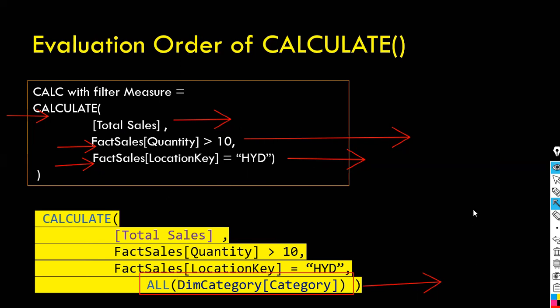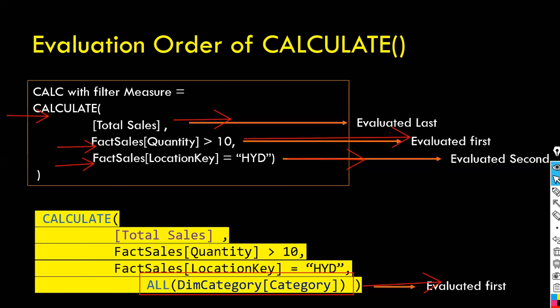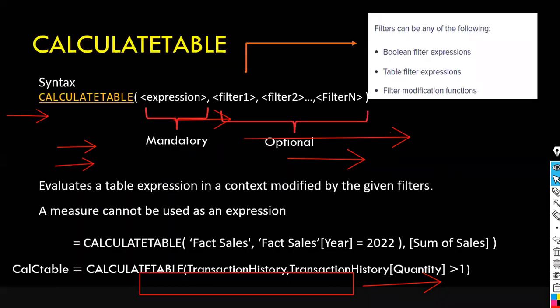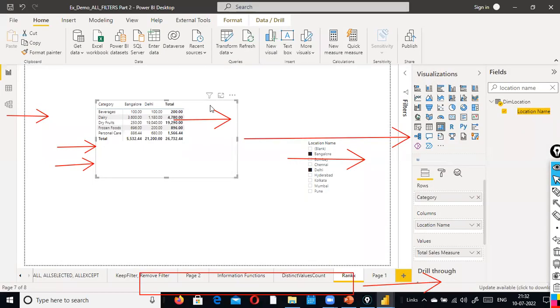Now we will jump into Power BI and take a look at the CALCULATE function, and then at the CALCULATETABLE function, and let us understand the difference between those two.